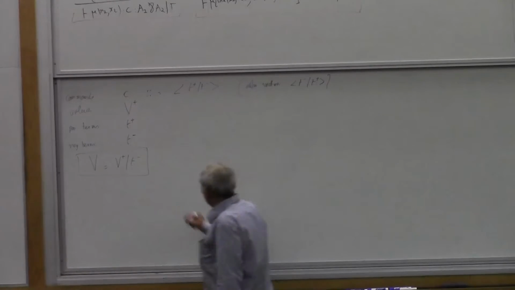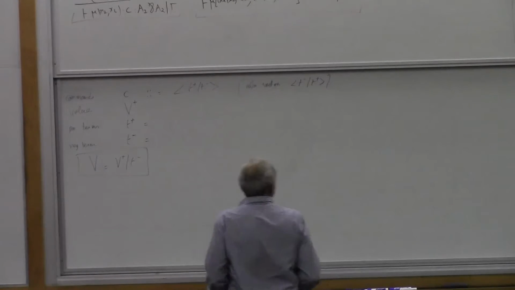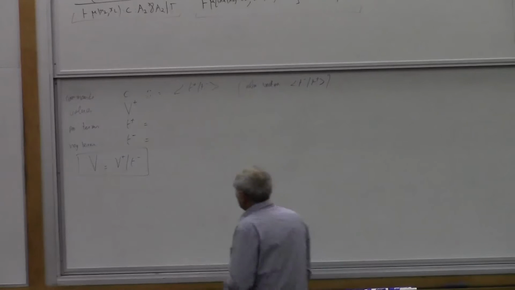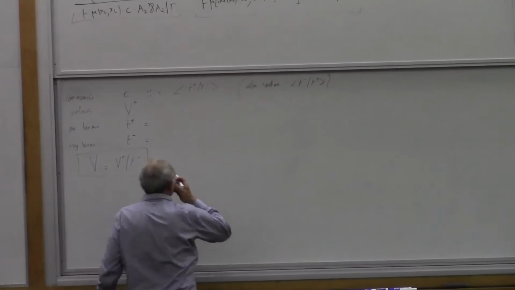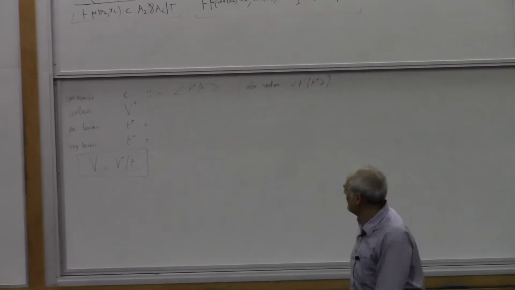Okay, so now the line for T minus is not going to change a lot. So I should probably have, well, anyway, I write it directly. So the line for T minus is the same as you have seen in the slides.